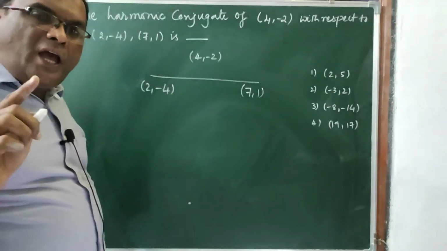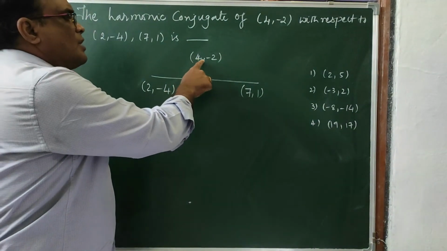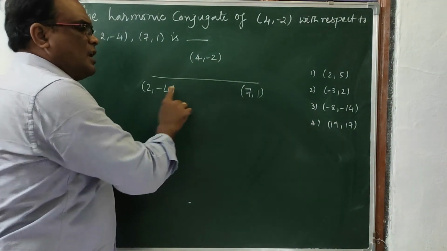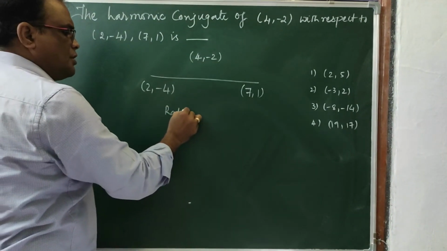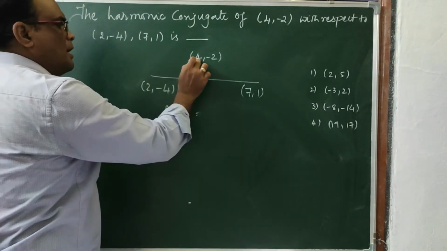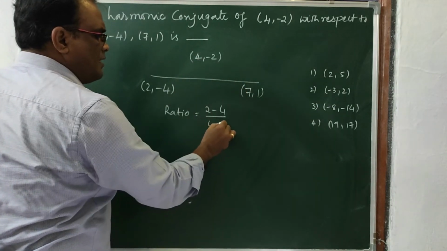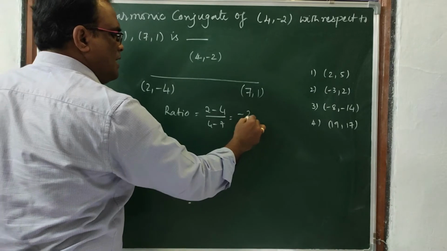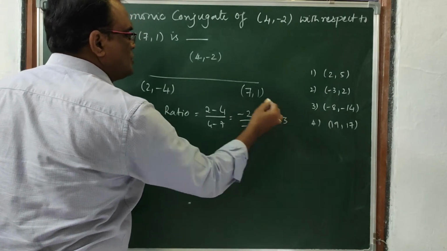First, we have to find the ratio in which (4, minus 2) divides the line joining 2 points. The ratio. What is the ratio? 2 minus 4 by 4 minus 7, that is minus 2 by minus 3, that is 2 is to 3.